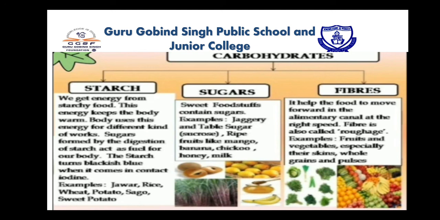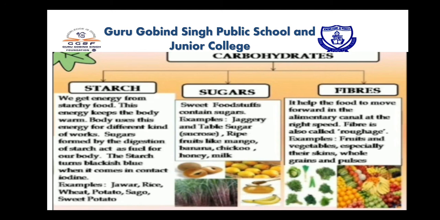Body uses this energy for all different kinds of work. Sugars formed by the digestion of starch act as a fuel for our body. The starch turns blackish blue when it comes in contact with iodine. Examples of starchy food are jowar, rice, wheat, potato, sago, sweet potato.